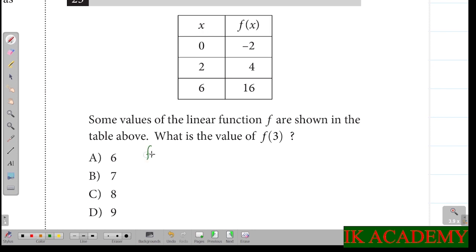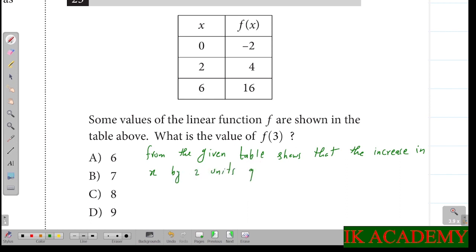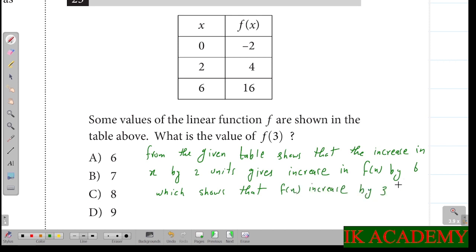So I can write down from the given table that the increase in x by 2 units gives an increase in f of x by 6 units, which shows that f of x increases by 3 for each increase by 1 in x.